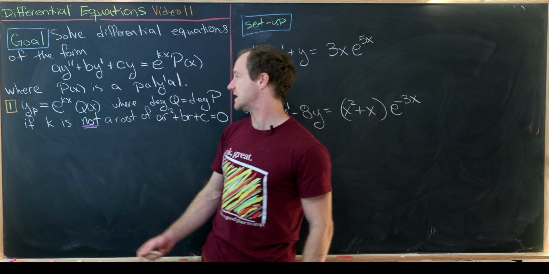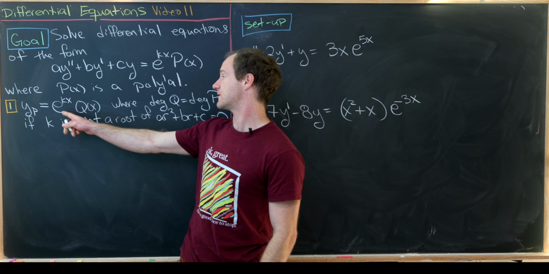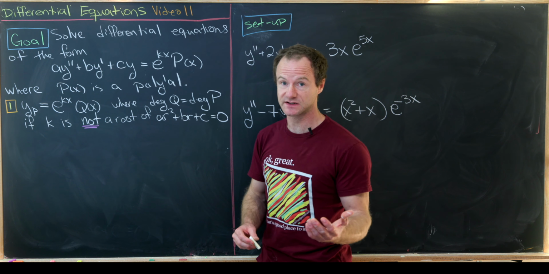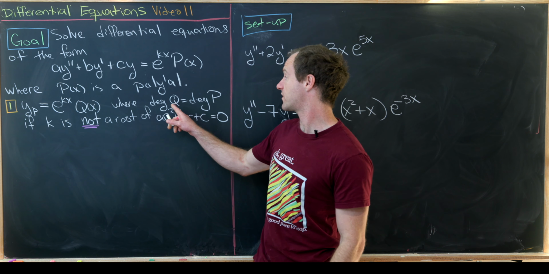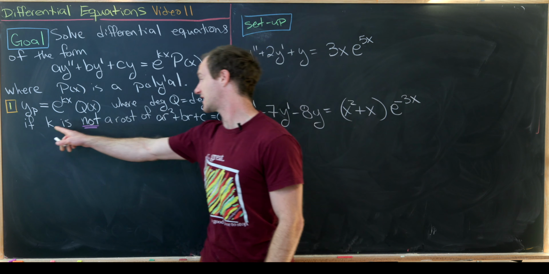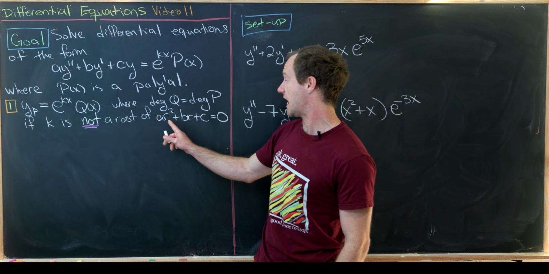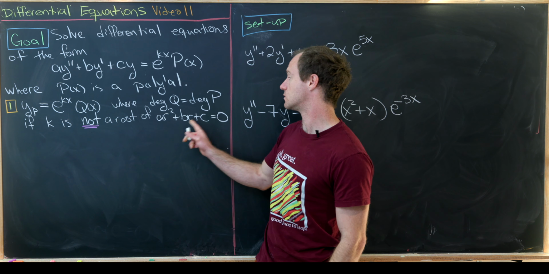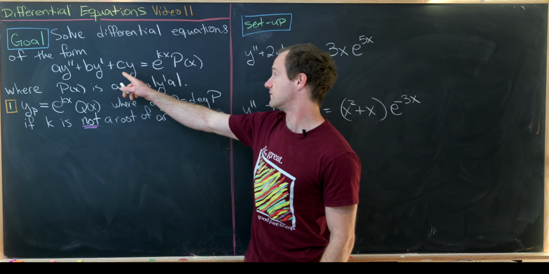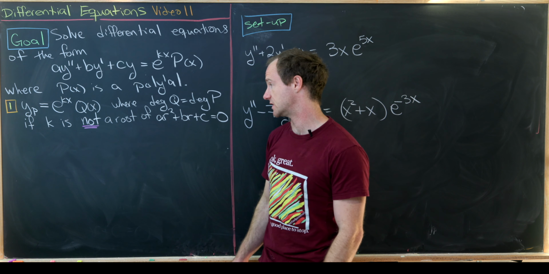And what we have is that yp, that particular solution, should be of the form e to the kx times q of x, where q of x is a polynomial with the degree of q equals the degree of p if k is not a root of ar squared plus br plus c equals 0. So it's not a root of the polynomial which is attached to the corresponding homogeneous differential equation.